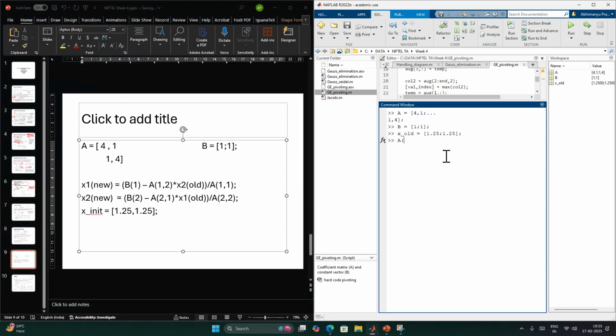So in this case, what will happen is that my x1 would be b1 minus a 1 comma 2 multiplied by x old 2, okay, divided by, so yeah, bracket is closed, a 1 comma 1.